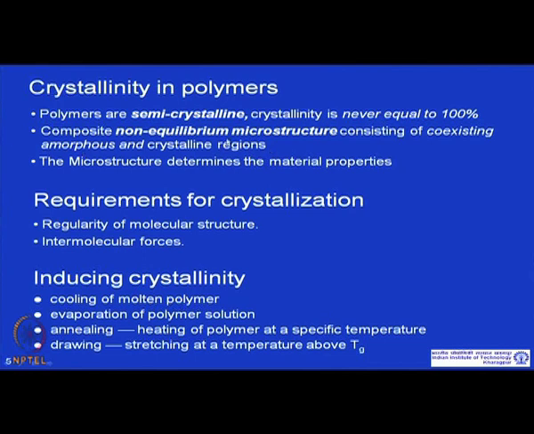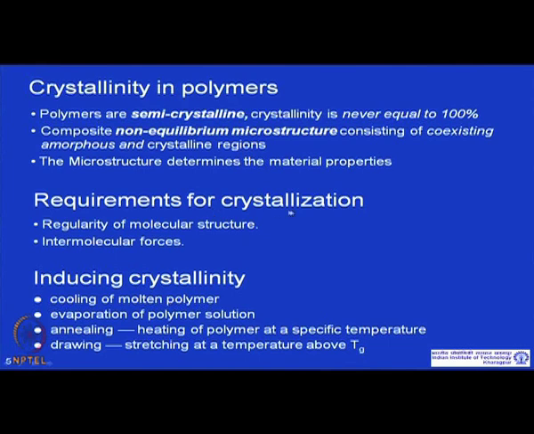We talk about non equilibrium because when we introduce crystallinity in the polymers, the amount and the nature of crystallinity depend upon how you are introducing it, whether fast or slow. So, the microstructure you get, consisting of amorphous and crystalline regions, is basically a non equilibrium structure, and that microstructure eventually determines the properties of the material.